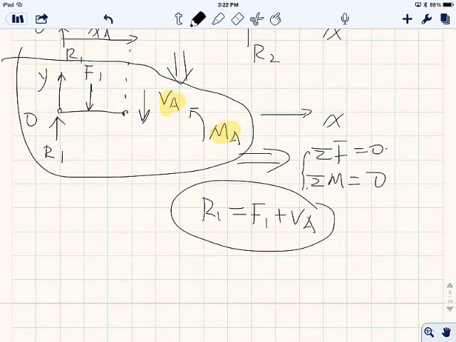That's because summation F equals 0, right? So you have to have shear force existing at point A to counterbalance the rest of the force, right? So same thing for MA. Summation MA equals 0, of course, this MA has to exist to counterbalance the moment caused by F1, right? Okay, so therefore, at any point of the beam, you have a certain shear force and a certain moment, right?